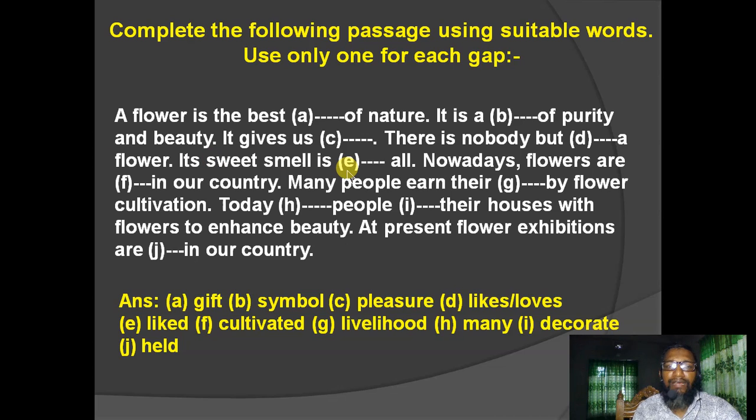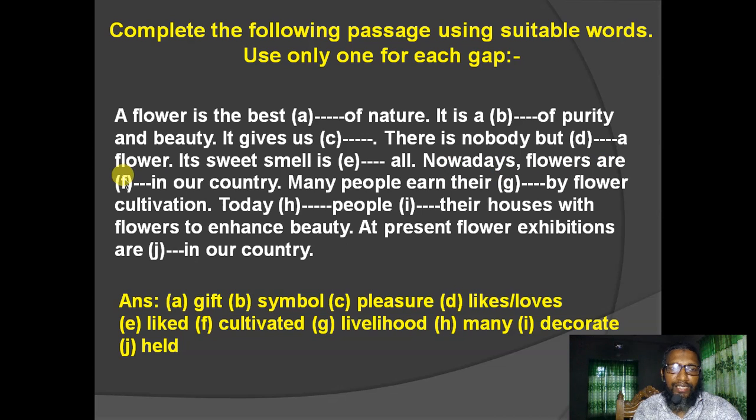Actually, it is a passive voice, and every passive voice must contain the past participle form of a verb. That's why here you have to use a past participle of the verb, and its sweet smell is liked or loved by all.